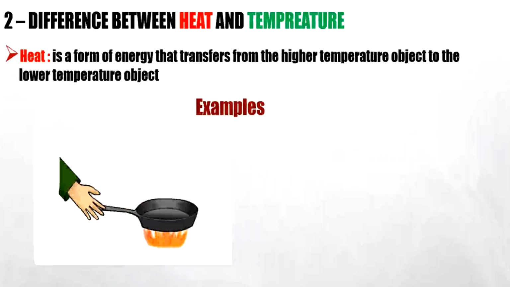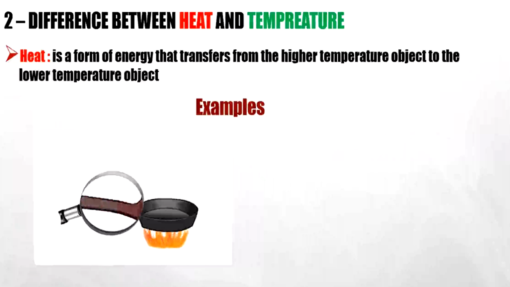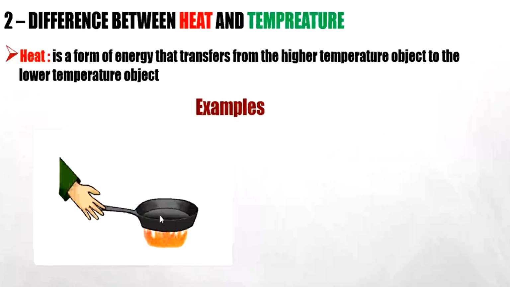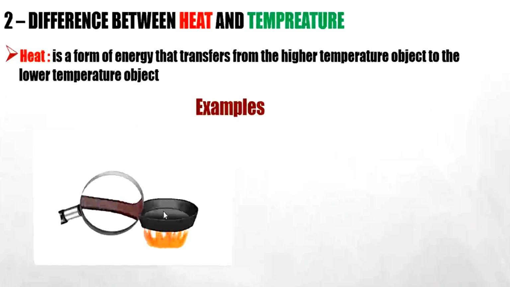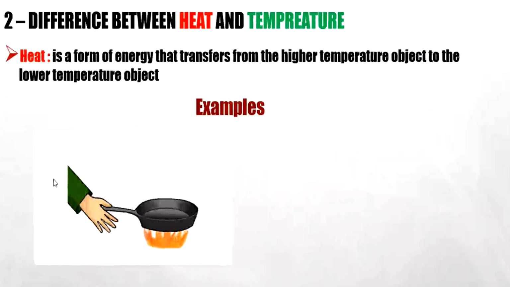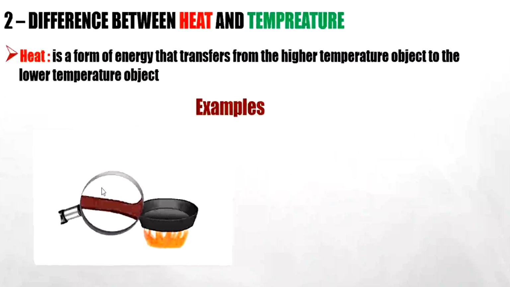First example, when you touch a hot cook pan, you feel hot. Why? Due to heat energy transfer from a higher temperature object, the hot cook pan, to a lower temperature object, your hand. So you feel hot.